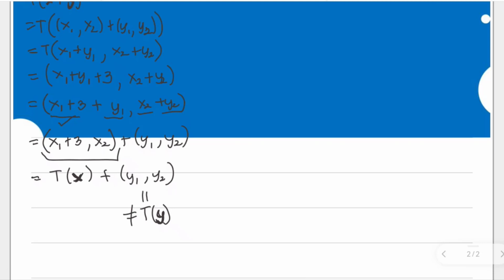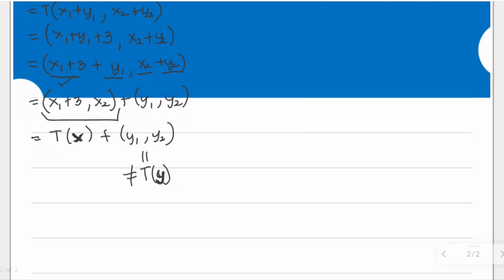For this item alone, we can say that the first condition is not satisfied. With this, we can just automatically say that the given transformation is not a linear transformation.